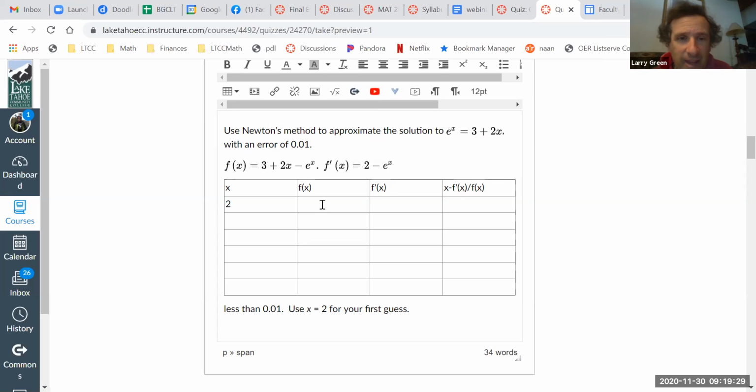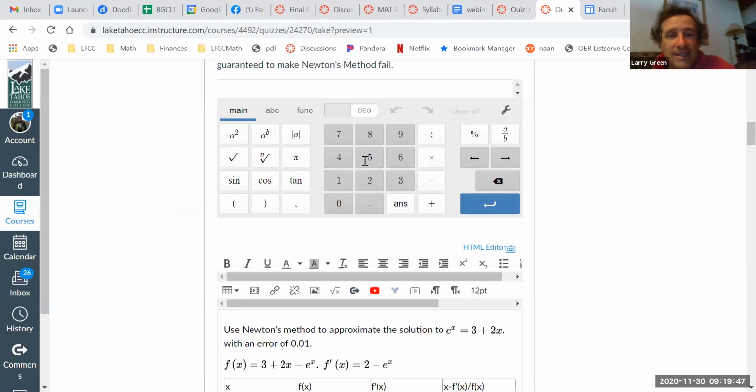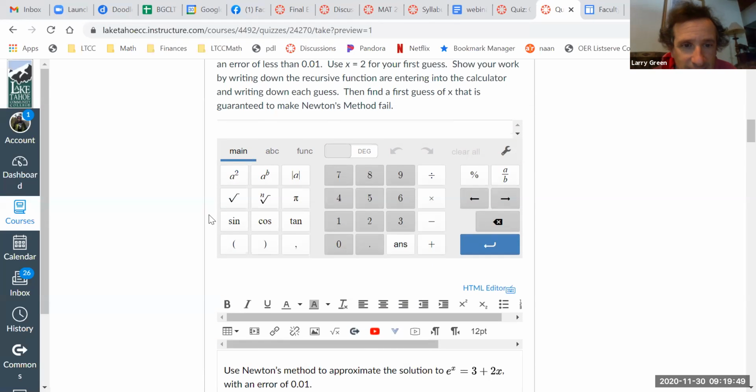Okay, so now that we have that, what we need to do is start plugging in. Some I'm going to do in my head, some I'm not. 3 plus 2 times 2, I can do that in my head. That's 3 plus 4 is 7. So we need 7 minus e squared.